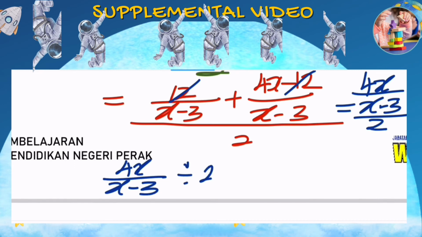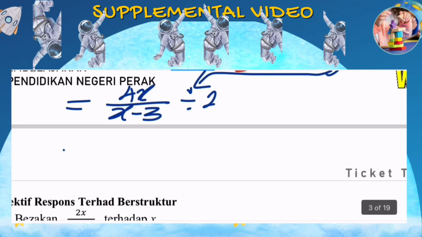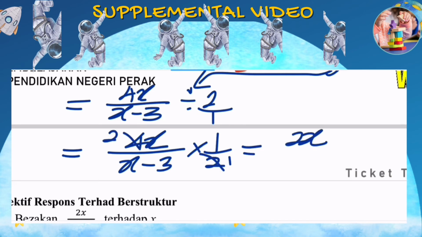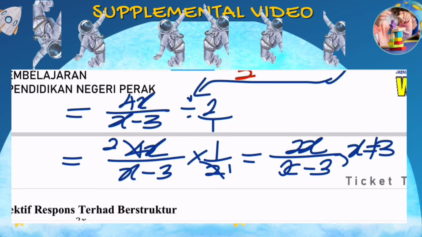Always do like that so that you won't get confused. Then we make it multiply: 4x over x minus 3 times 1 over 2. So we need to simplify, right? The 4x divided by 2 becomes 2x over x minus 3. And the condition is x cannot be equal to 3. Make sure you write the condition.